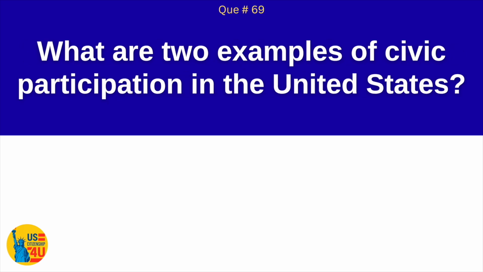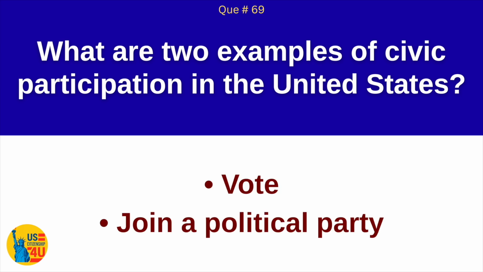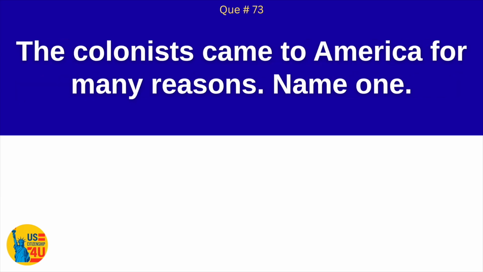What are 2 examples of civic participation in the United States? Vote. Join a political party. The colonists came to America for many reasons. Name 1. Freedom.